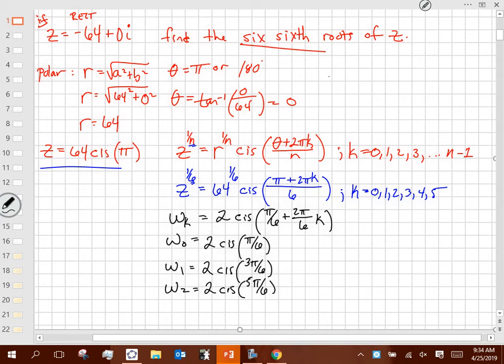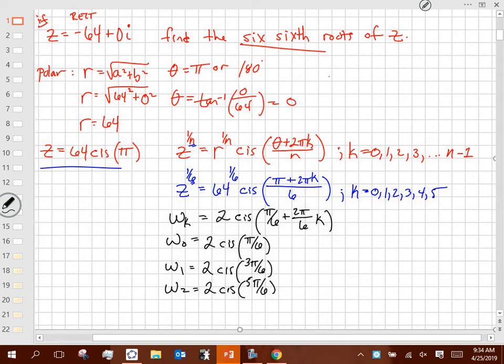And I can recognize this right away. Between w sub 0 and w sub 1, what do you see is happening between pi over 6, 3 pi over 6, 5 pi over 6? Yeah, you're just adding 2 to the numerator. You're adding 2 pi over 6 to the whole thing. This is an arithmetic sequence in regards to the argument.